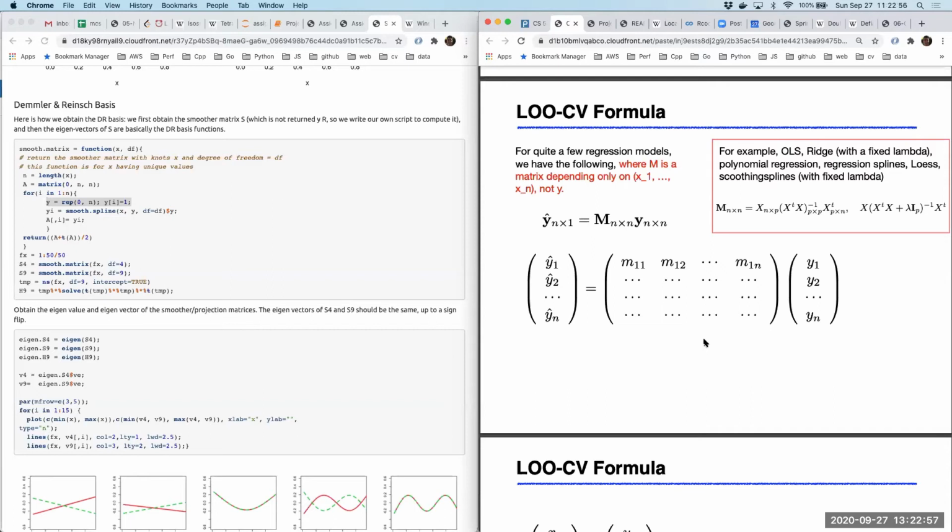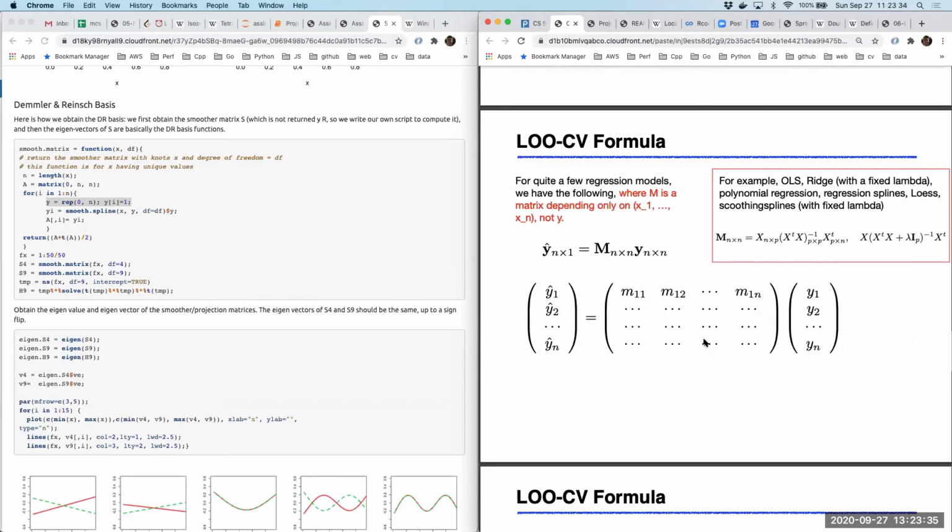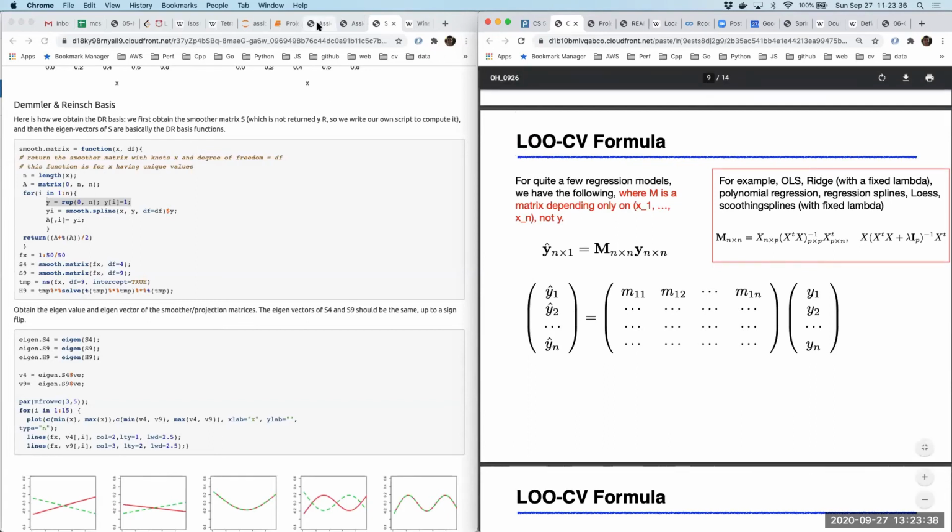So in the sense that if somebody already built a model for me where I don't need to find out how to compute that matrix, but that black box, once I fit in data, gives me the fitted value, if I only have such a black box available, then I can retrieve that M matrix column by column by providing that X column with some specially chosen Y column. So for example, in the smoother formula, I'm trying to show how to calculate leave one out cross validation.